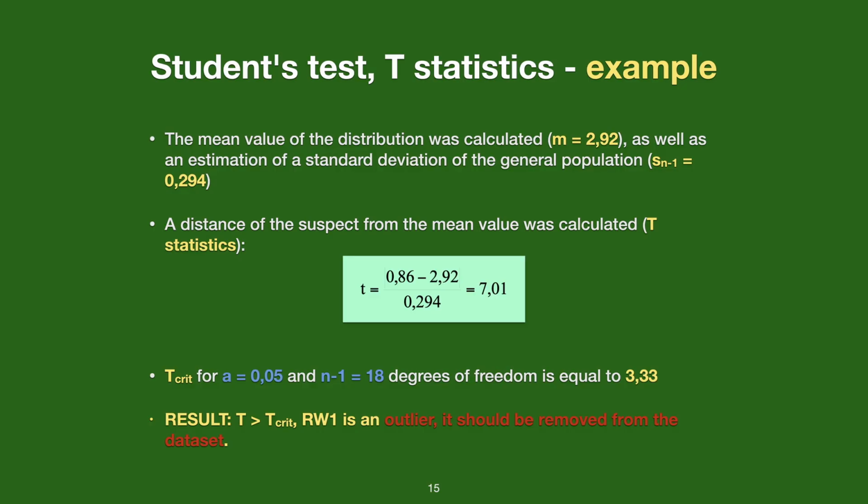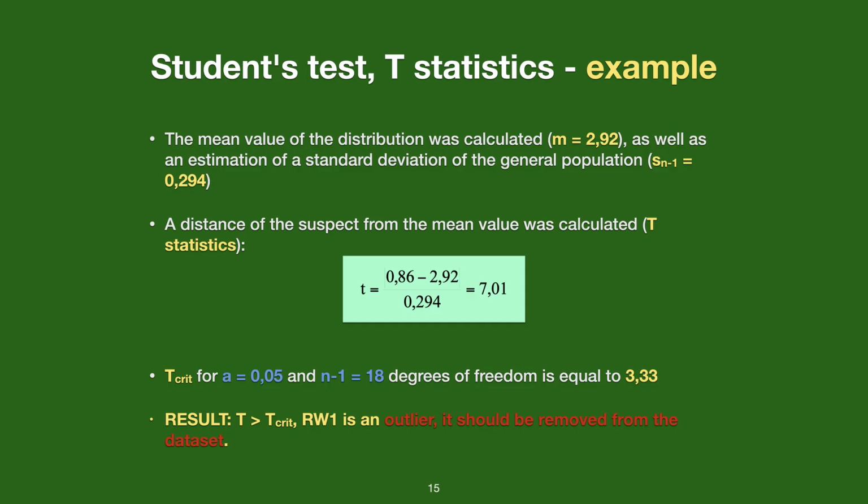Here the first version of Student's test is applied to the CLO example. The mean value was calculated as m equals 2.92 and the estimated standard deviation as s equals 0.294. Then, the distance between the suspect value, 0.86, and the mean was converted into the t-statistic, which came out to 7.01.